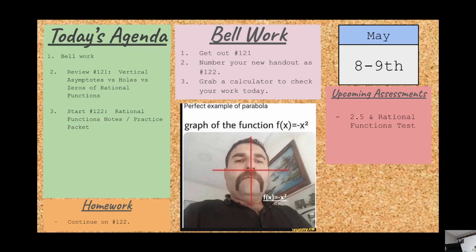So what numbers make your numerator 0? And 0. X equals 0 is 0. Yeah. What numbers make your denominator 0?